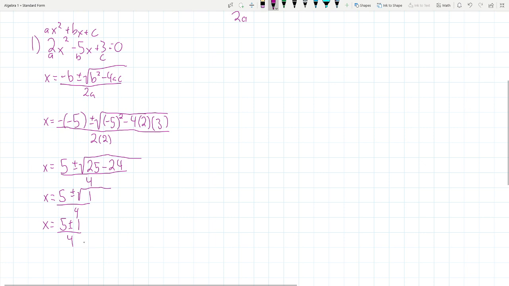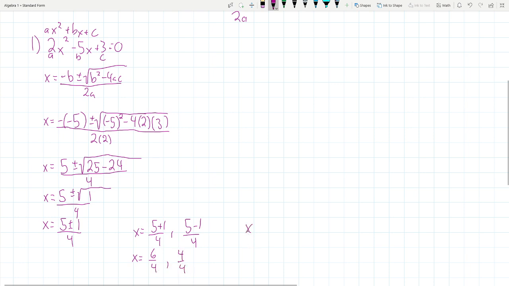As you might guess from this, we're going to do two equations. We're going to do it when x equals 5 plus 1 over 4, and when we have 5 minus 1 over 4. My answers become x equals 6 over 4 and 4 over 4.